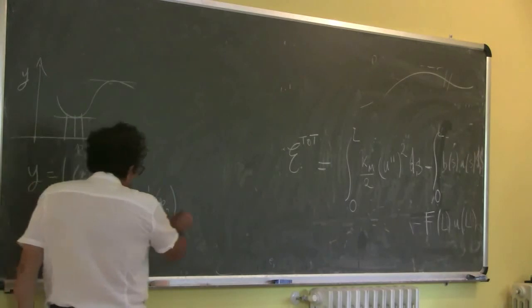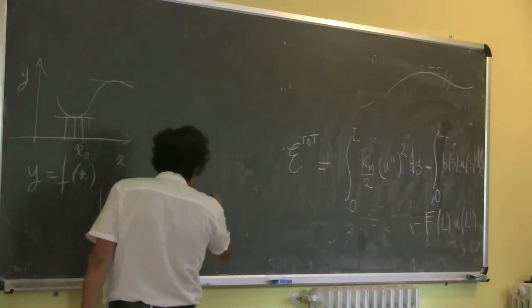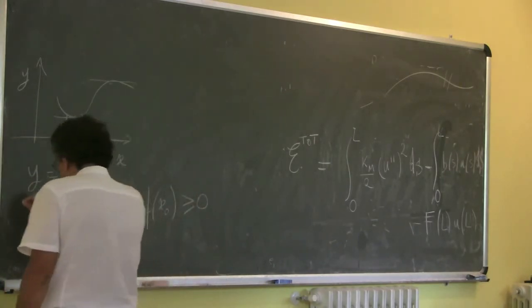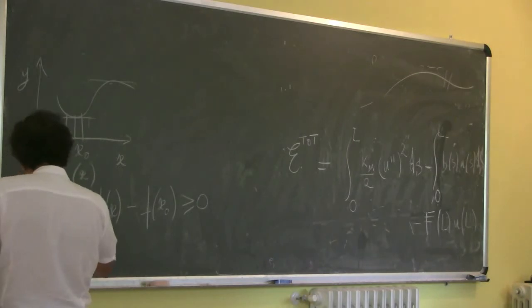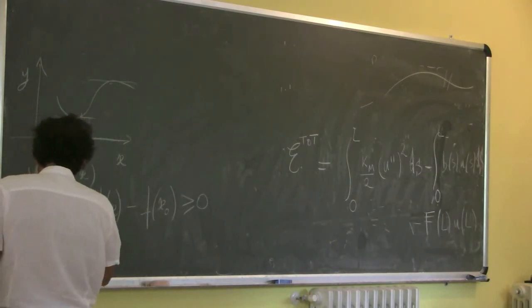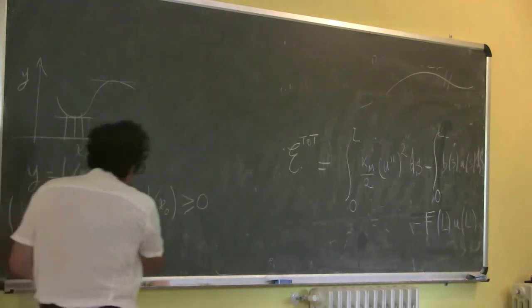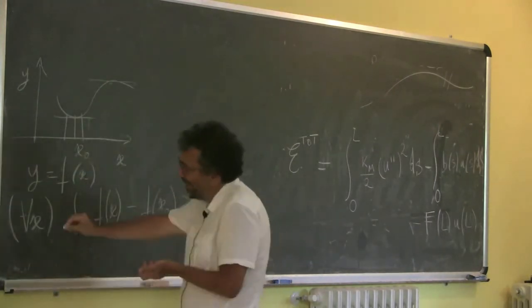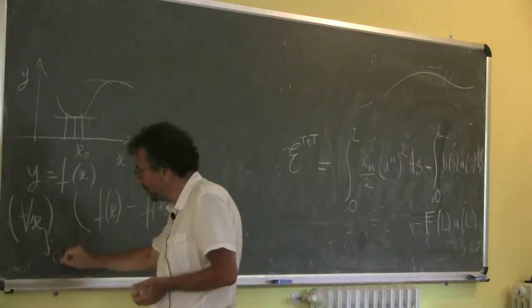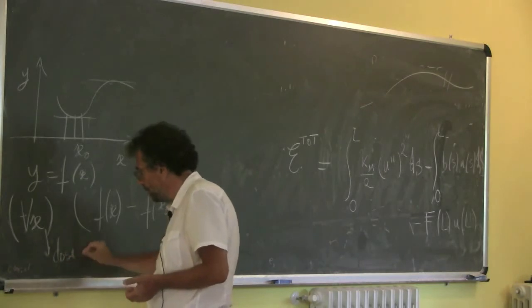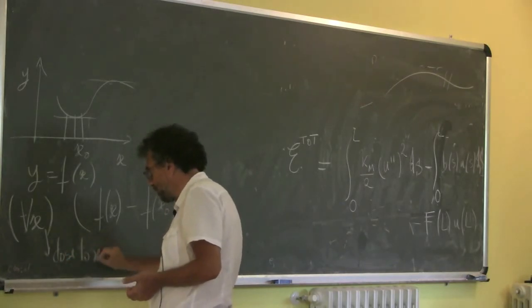So f(x) minus f(x0) is greater or equal to 0 for every x which is close to x0. Okay? So I should write here close to x0.